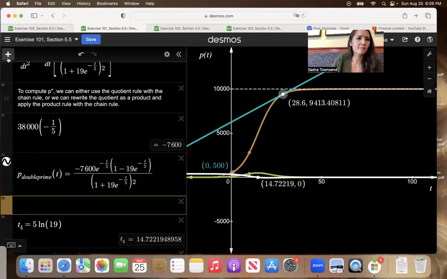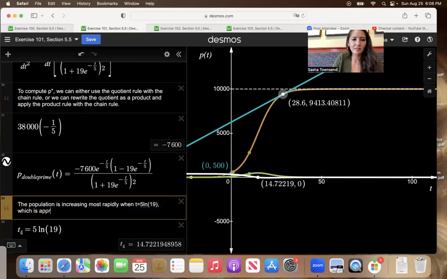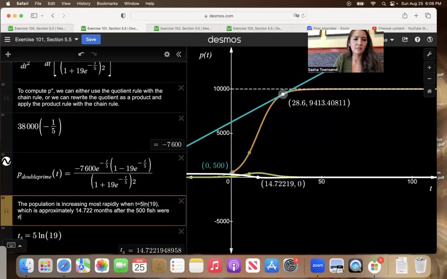We'll say the population is increasing most rapidly when t equals 5 natural log of 19, which is approximately 14.722 months after the 500 fish were released in the lake.